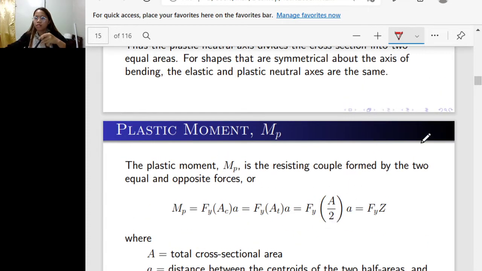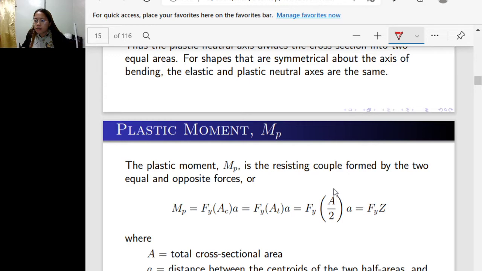So it can also be written as F sub Y times A over 2, which is half of the cross-section of the steel, times a, where a is the distance between the centroids of the two half areas, between the compression section and the tension section.